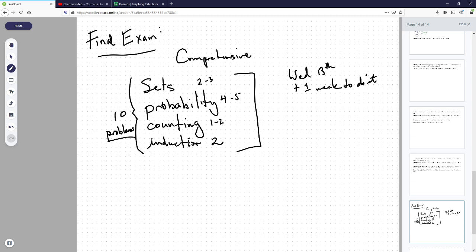You know, I might put a graph theory extra credit problem or something. Graph theory is kind of hard, so I don't know. That's just what I'm thinking. What else am I thinking? Graph theory, but also maybe a big O problem.